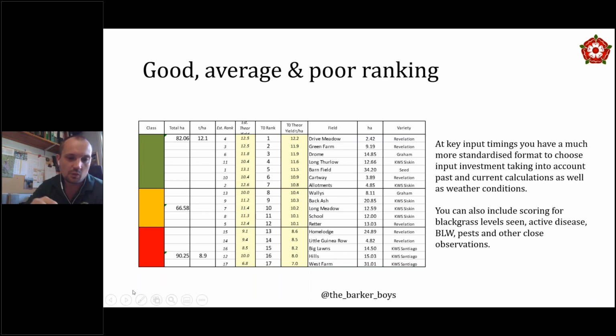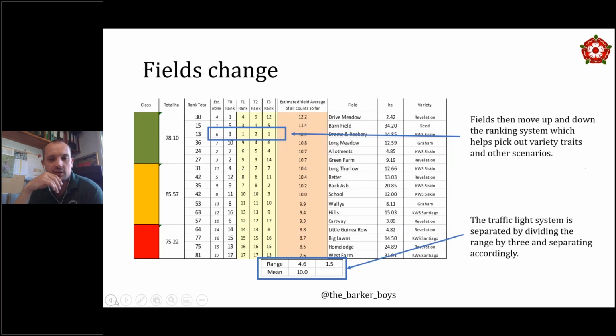So I then rank them, and you can see that the ranks change through the season. Different fields fluctuate through the season, and you also get the ones which start off bad and never get any further than being bad. So West Farm at the bottom was ranked 17th pretty much all the way through the season, and it never got any further.